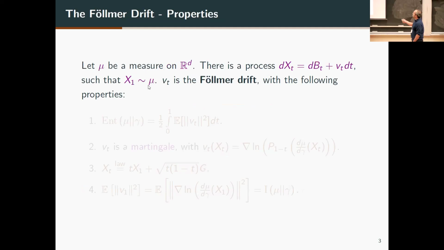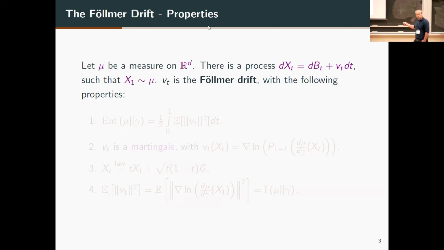But if you have a measure mu on R^d, what we've seen in several talks is that you can construct an SDE, filtered with a standard Brownian motion, such that at time 1, it has the law of mu. You can construct that in many different ways, where V_t is some adapted drift.